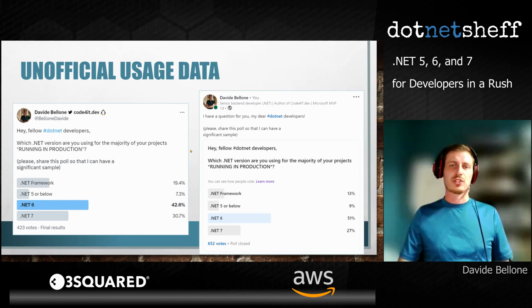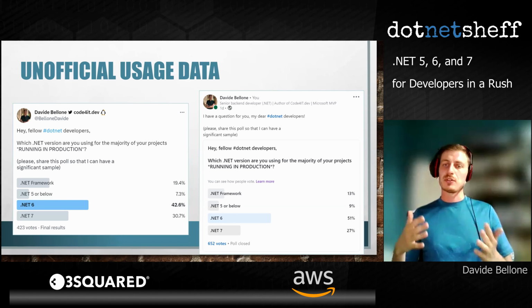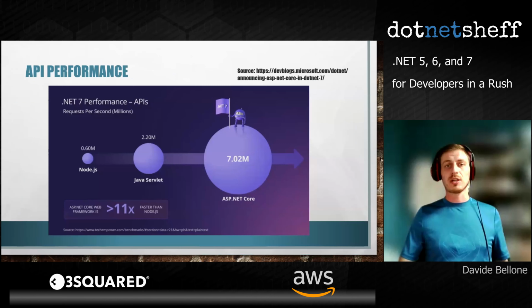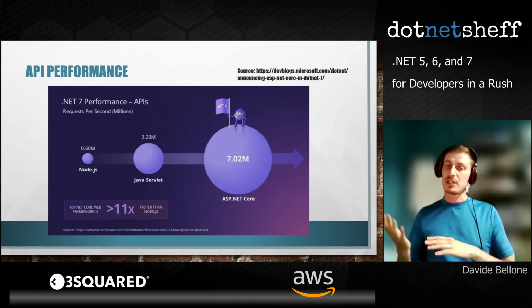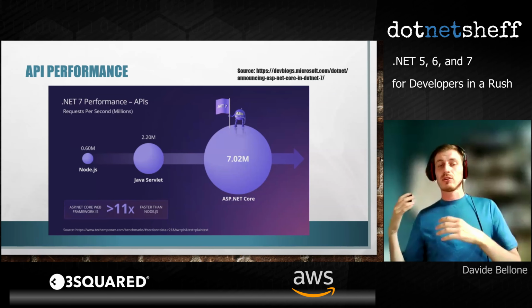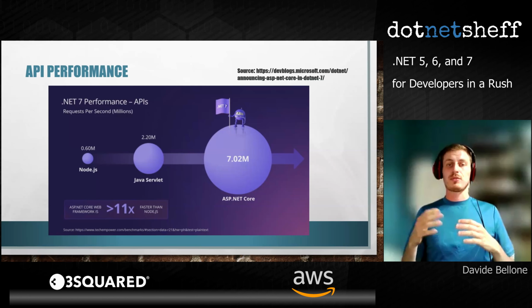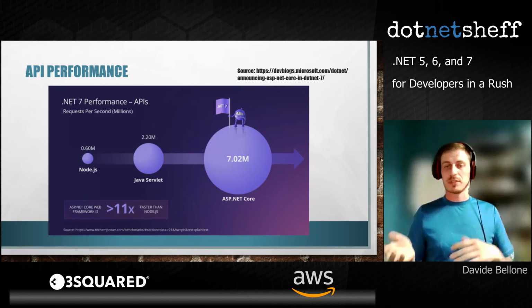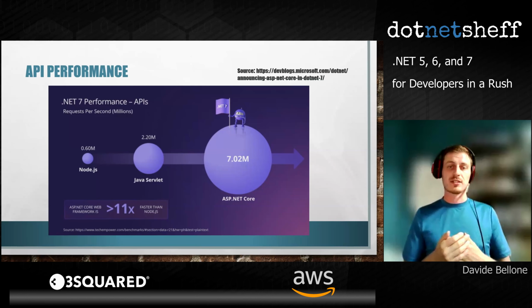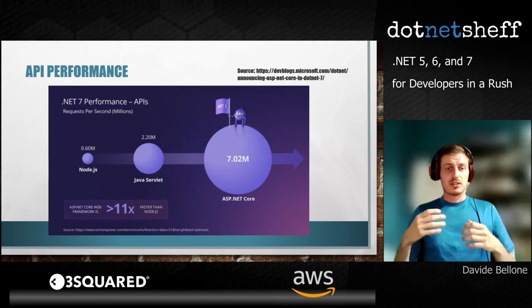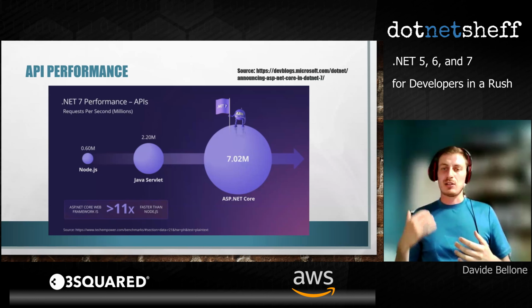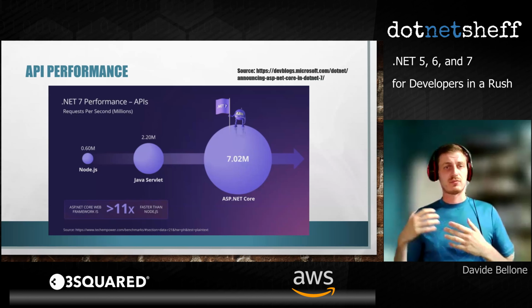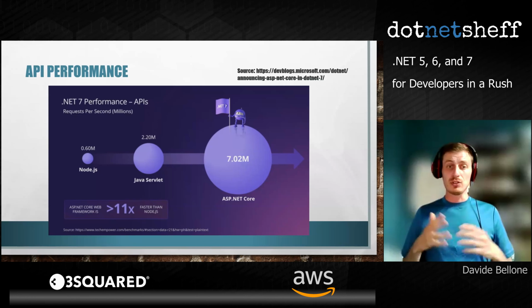Again, we don't have official data about the usage, but we have some official data about the performance of .NET 7. They released a kind of benchmark, a comparison of API performance with ASP.NET Core and Node.js, and you can see from this image that .NET is actually able to handle a lot more requests per second compared to Node.js.